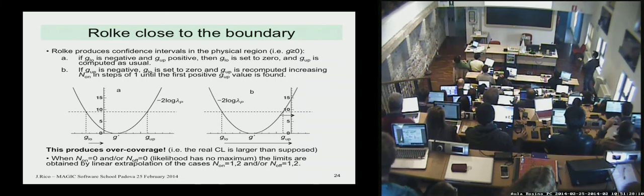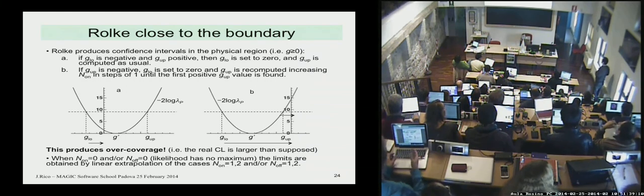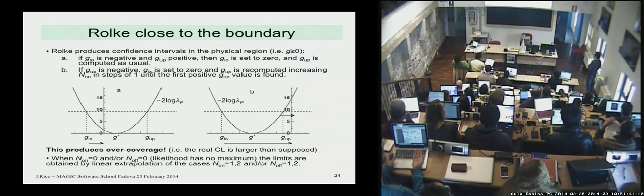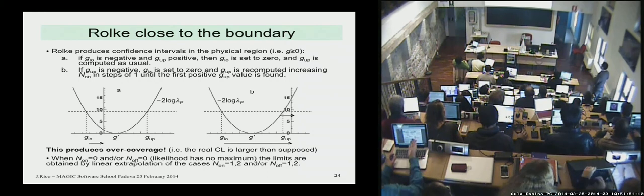Now, the other thing that Rolke does, and this is related to one question that was posed before, is when n on and or n off is equal to 0, then this likelihood function has no minimum, okay? And then the limits are obtained by linear extrapolation of the closest cases, let's say n on equals 1 and 2, and n off equals 1 and 2. Very ad hoc, too.